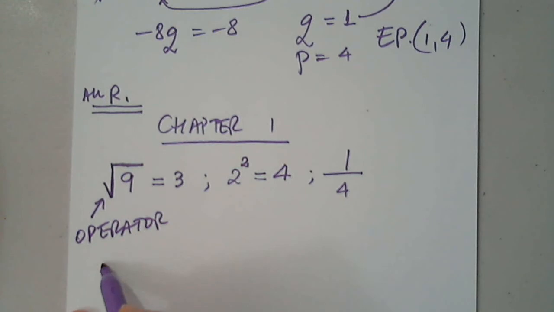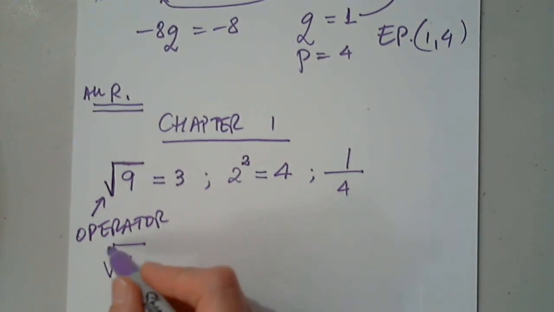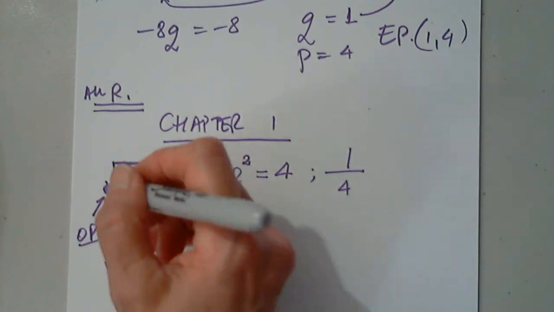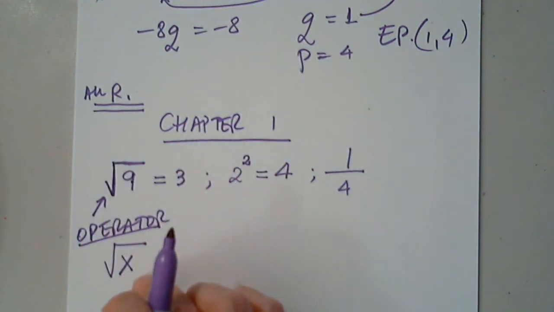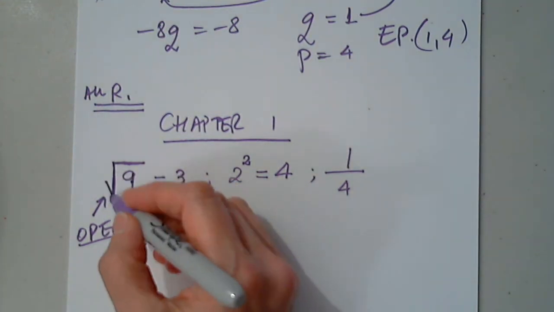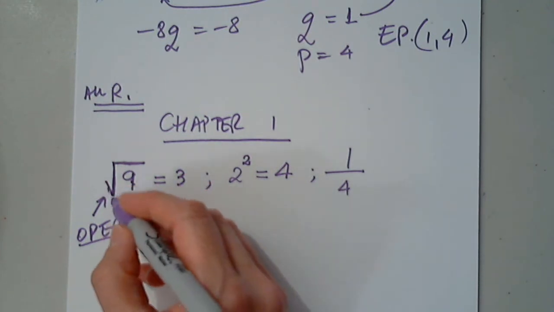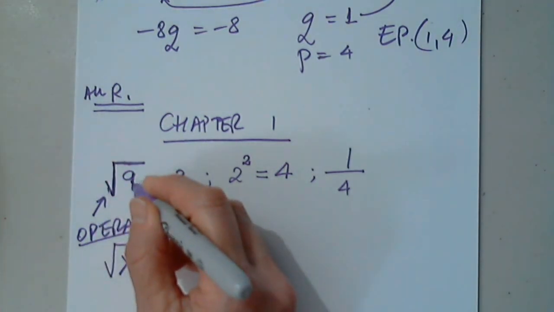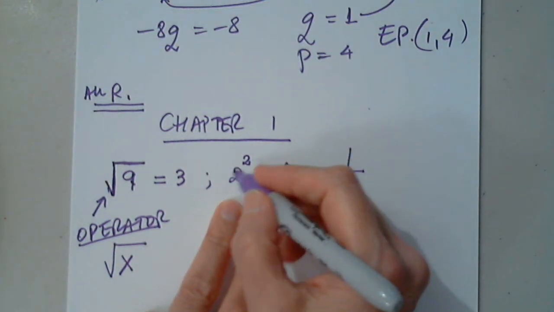So the point I'm making here is I asked you to apply an operator to 9 or the same operator to x. What does operator mean? It's something that does or applies a procedure to x. What was the procedure? Well, the square root on 9 says is 3 because that's the procedure that it does to 9. Okay, here's another operator.